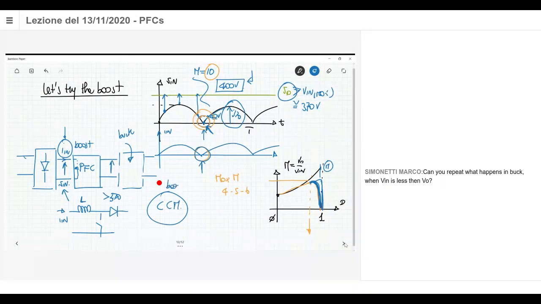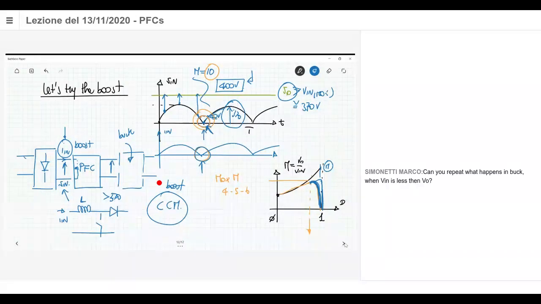But I always said, pay attention, the boost typically is not operated in CCM due to the difficulty in controlling it, because it has a right half plane zero that has bad behavior in terms of stability. So typically it's much easier to operate it in DCM. The magic word here is generally, typically. This is a situation in which you can use the boost in CCM.